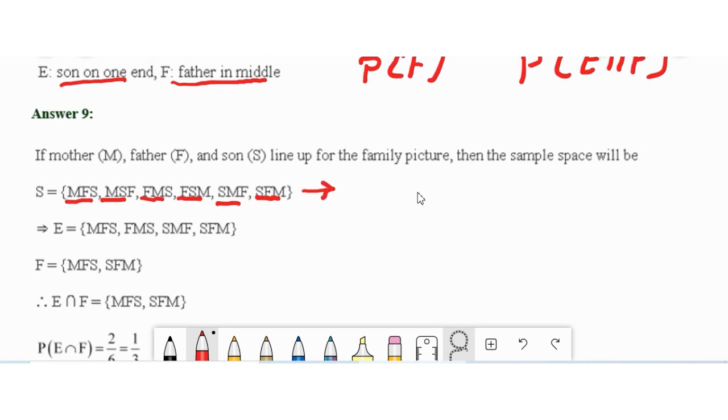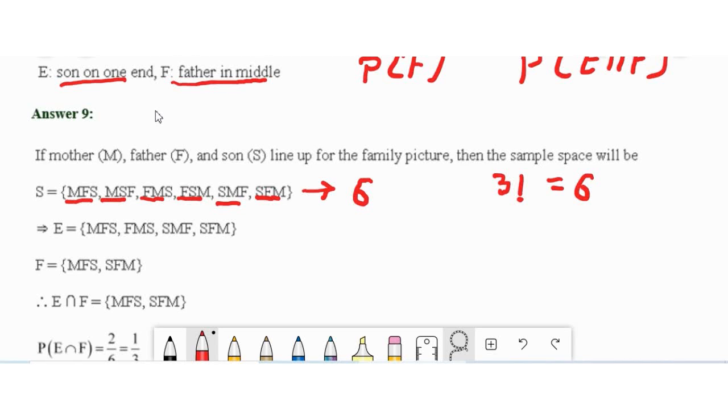So the total number of outcomes is 6. Okay, and you can understand that very well. You are familiar with the formula of 3 factorial. So the total outcomes will be 6 because we have 3 objects and you can arrange them in 3 factorial ways.